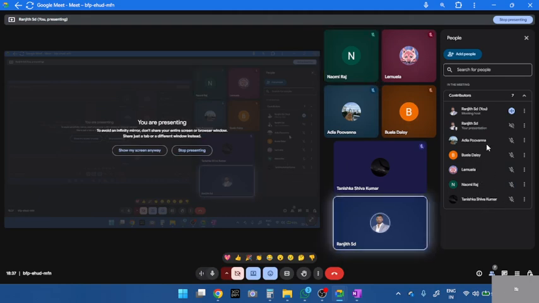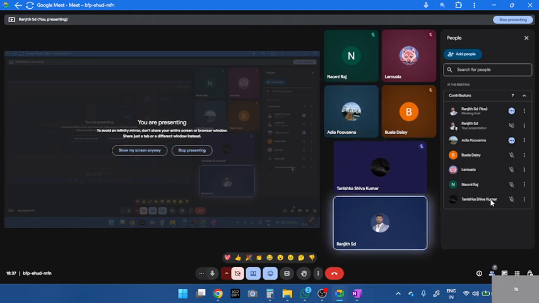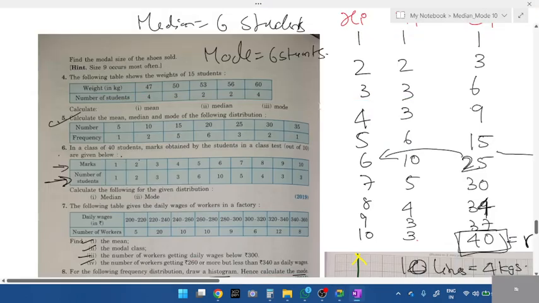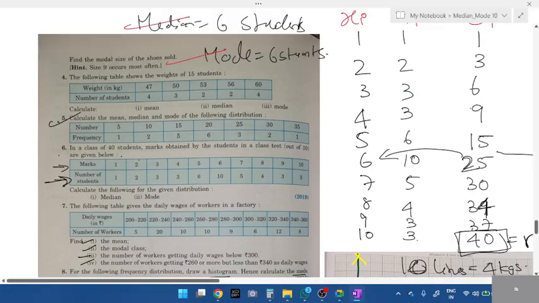Adya, what's the answer? 6. Tanishka, why are you not responding? Is it 6? Fine. For both it's 6 students. Okay, coincidence. Sixth question, for both it is 6. All of you understood?